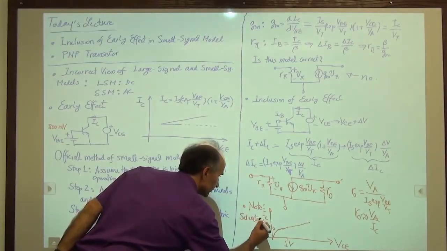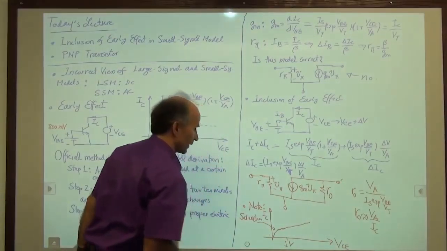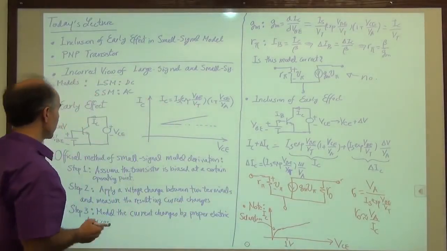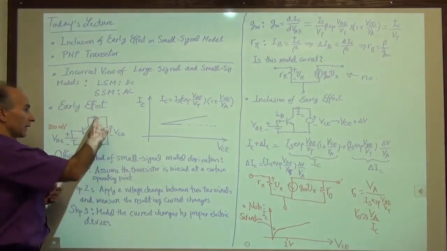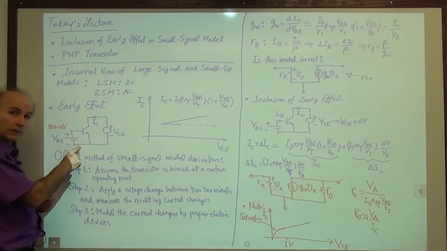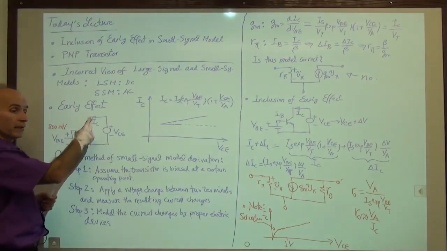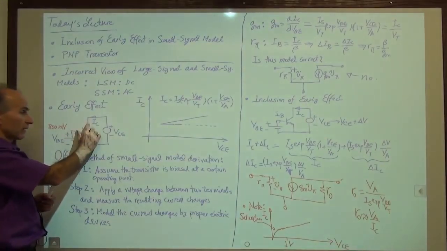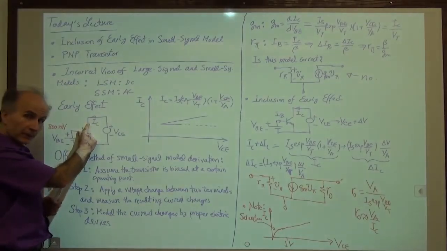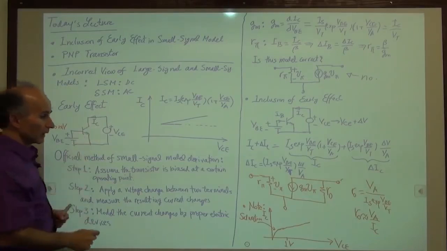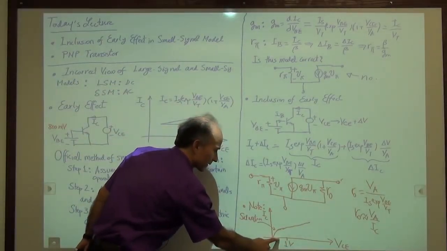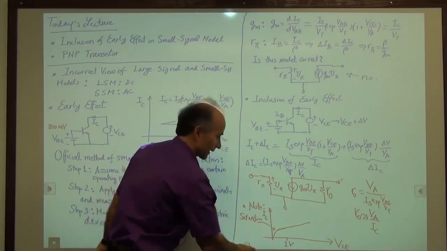This region, to distinguish it from forward active region, is called saturation. Saturation needs to be avoided. Strictly speaking, saturation is avoided if the collector emitter voltage is equal to the base emitter voltage or higher. In other words, this junction has 0 bias or a reverse bias on it. So if VCE comes down to 0.8 and then starts going below 0.8, we enter saturation.